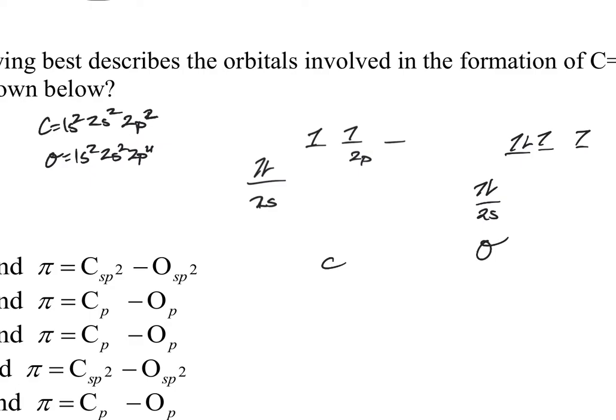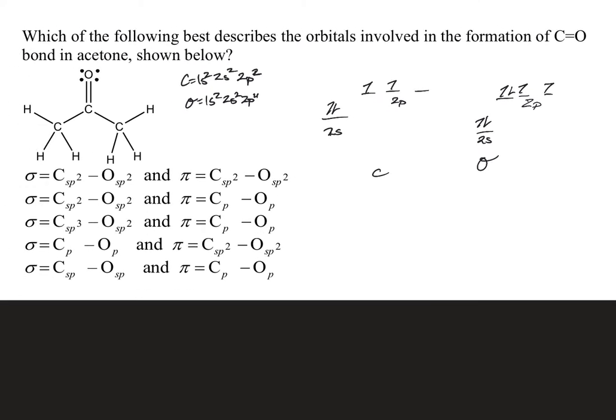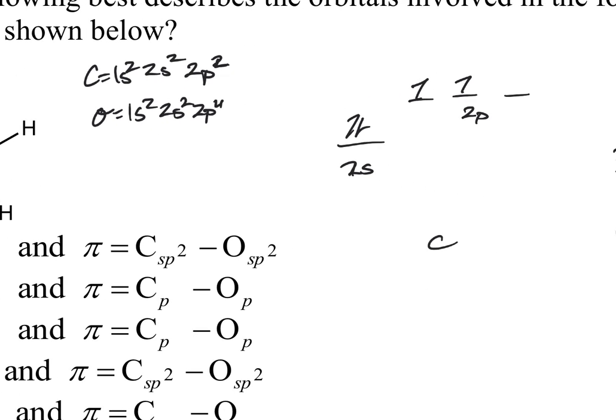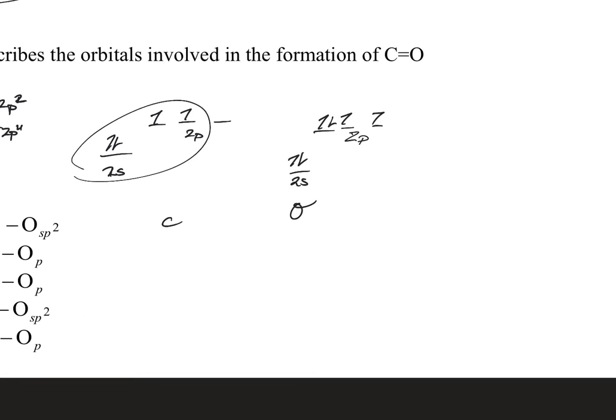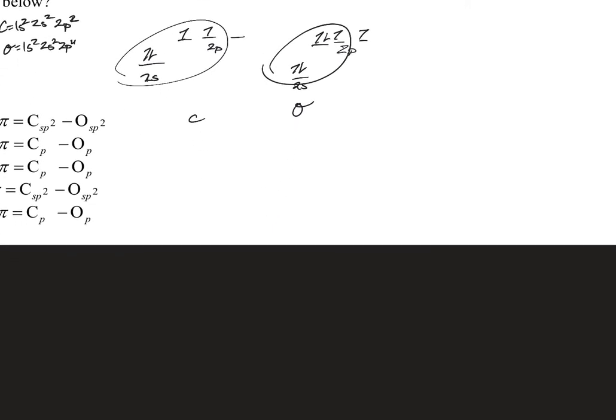They're bonding the p part, but they're also hybridizing. All right, the carbon is sp2 hybridized. The oxygen's also sp2 hybridized. So we're taking those and hybridizing them. We could go into craziness here.